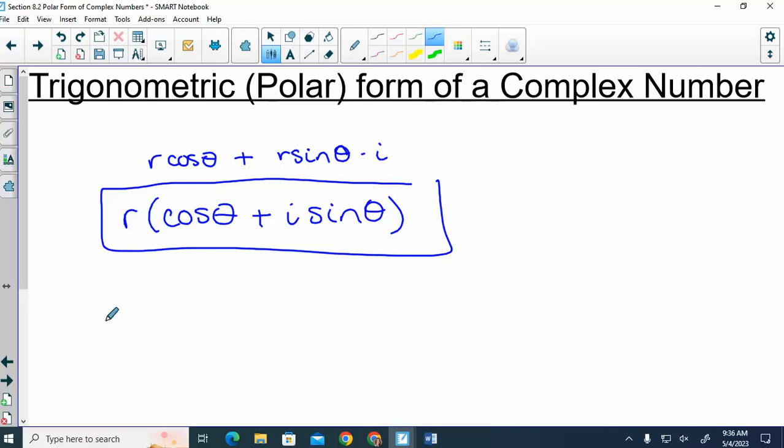So let's take something in polar form and see if we can rewrite it in rectangular. Polar form has sines and cosines in it. Rectangular is like a plus bi.